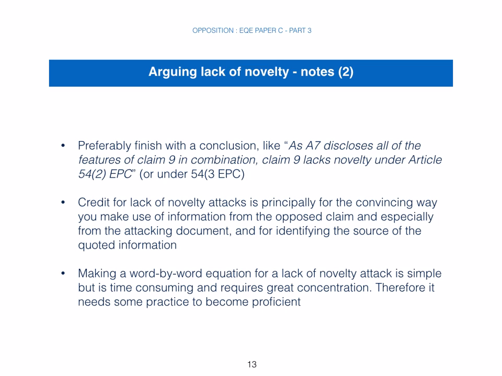Credit for lack of novelty attacks is principally for the convincing way you make use of information from the opposed claim, and especially from the attacking document, and for identifying the source of the quoted information, typically the paragraph number.